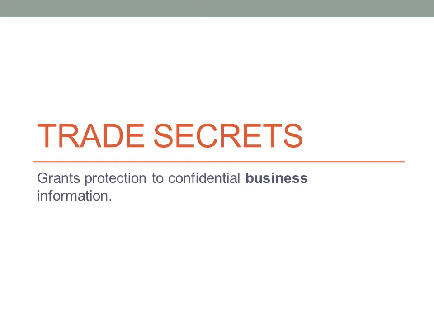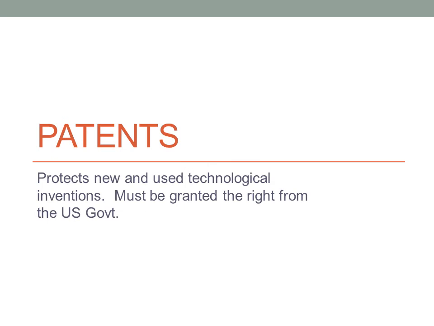I'm going to expand on it a little bit more so we can compare it with copyrights. But trade secrets grant protection to confidential business information, and it is governed by state law. And when we talk about the legal system, you'll hopefully understand what I mean by that, and I'll keep referring to it throughout the semester, what type of law applies, whether it's state law or federal law, etc. Then we have patents, and they protect new and useful technological inventions, and they must be granted by the U.S. government.